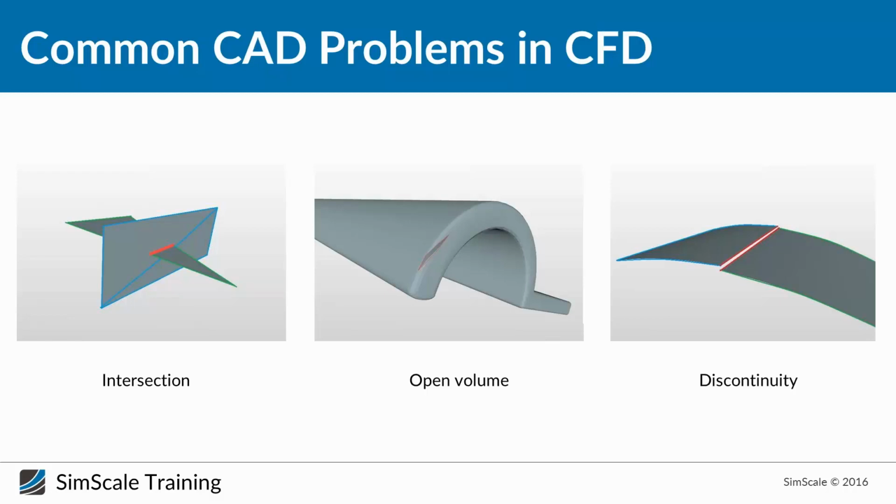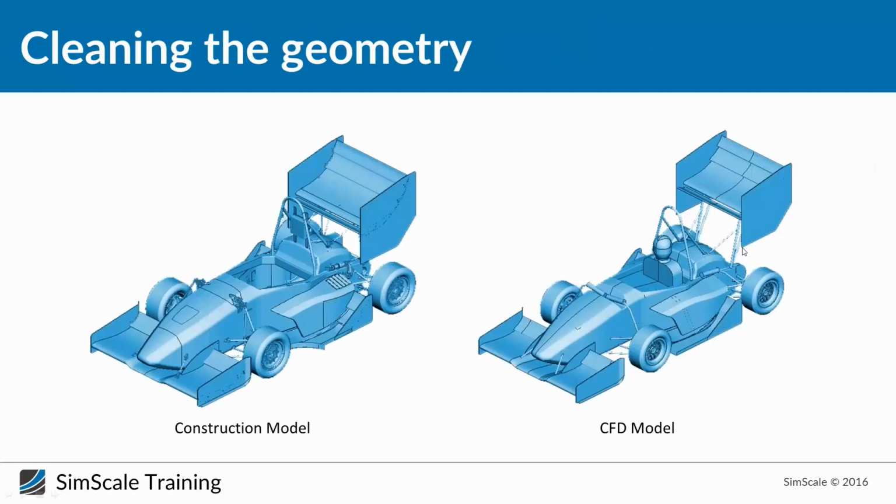Sometimes the surfaces are really close, but in reality they don't intersect, and this gap can create the same problem as the open volume, with cells escaping inside. First of all, you will have a bad mesh that will not predict your real physical problem, and at the same time you will have cells that escape inside. Okay, so let's move on.